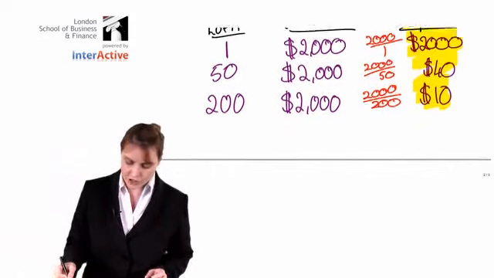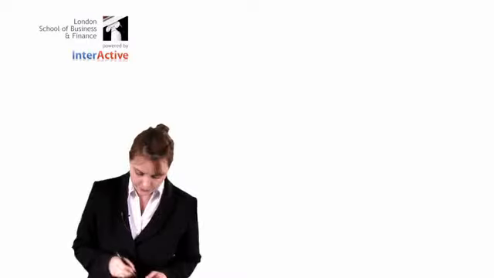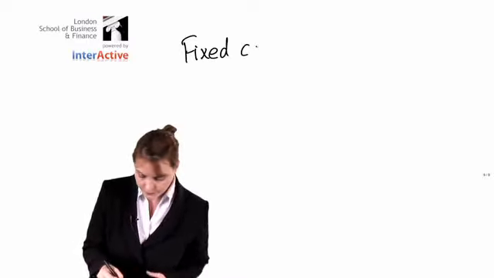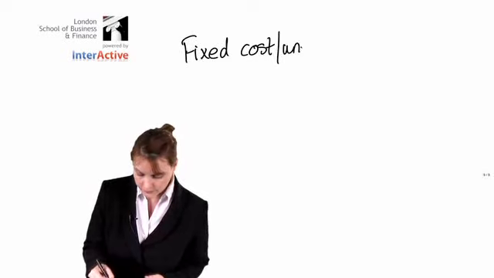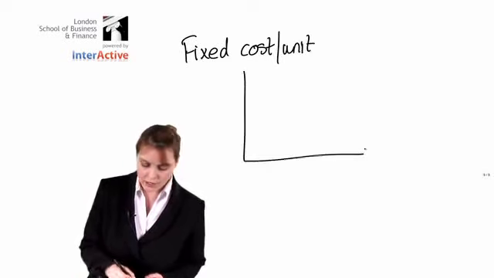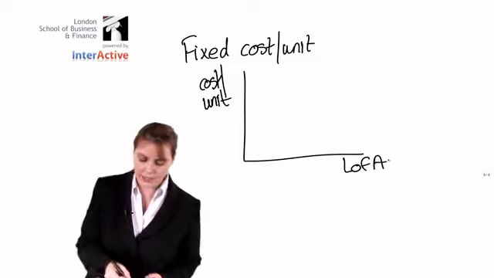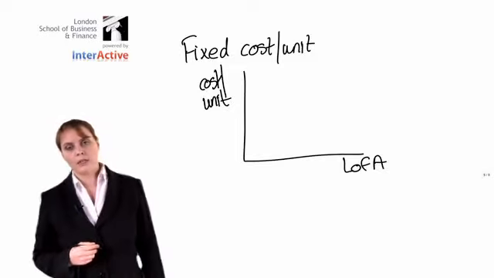Finally then, if we were to show this on a graph, our fixed cost per unit, this time we have our cost per unit on the y-axis and our level of activity on the x-axis.